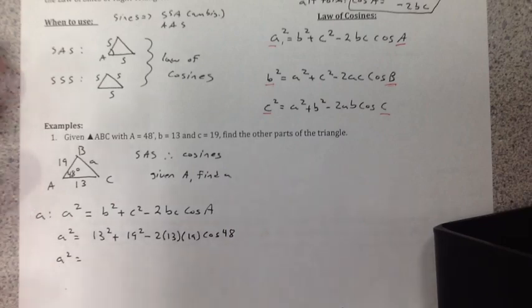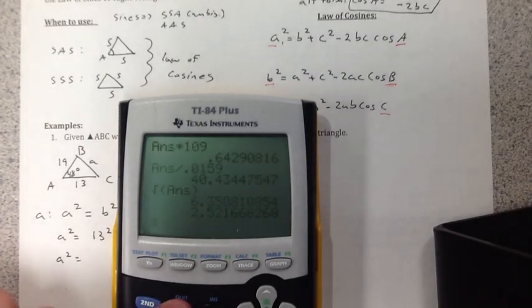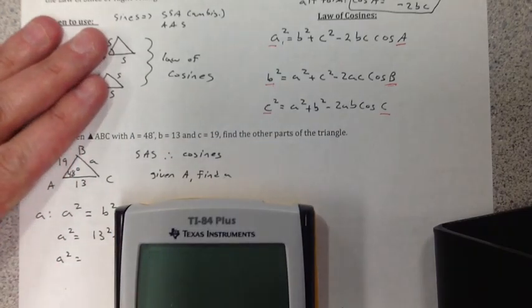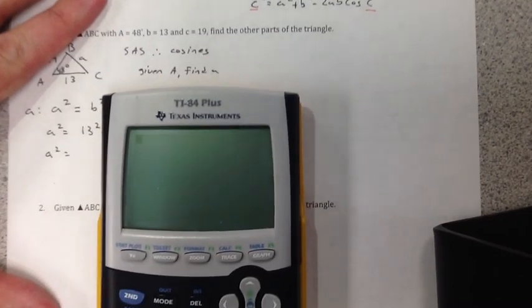I just use my calculator. Make sure you are in degree mode, not radian mode: clear, mode, go to degree mode, hit enter. Then I just type all of this in my calculator.